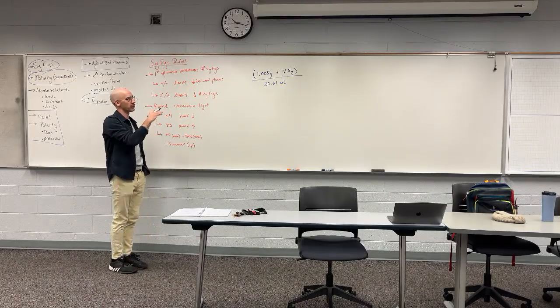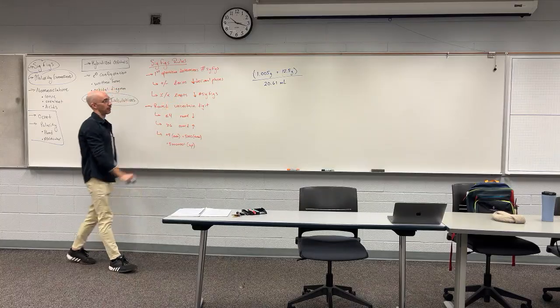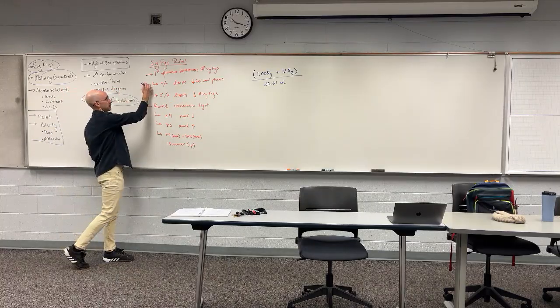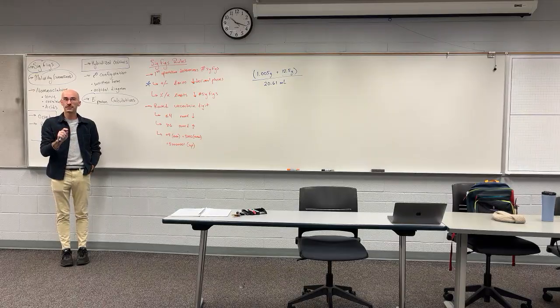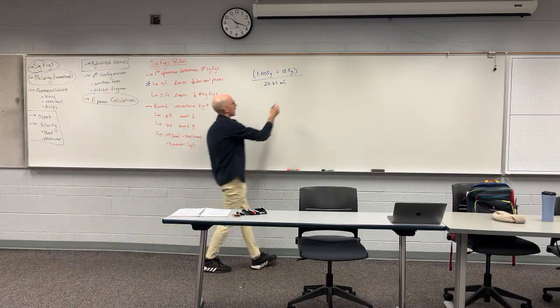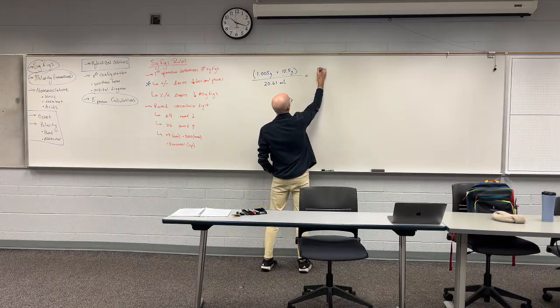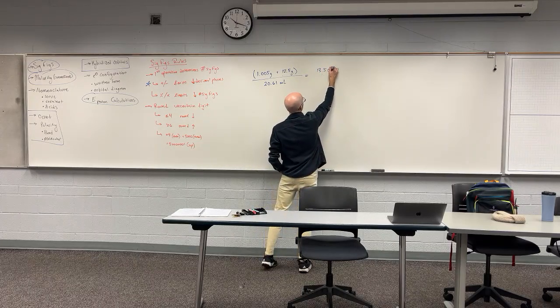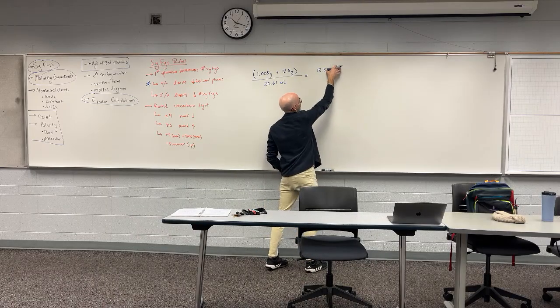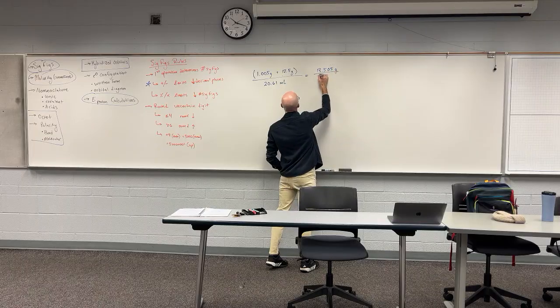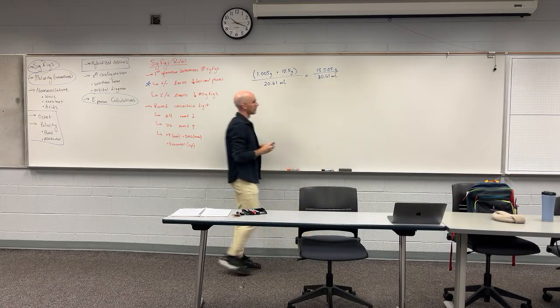I'd have to divide each of those numbers separately and then add them together. So order of operations here is add these together, which means we're going to find that our significant figures is limited by the least number of decimal places here. When I add these together, I get 13.505 grams divided by 20.61 milliliters.